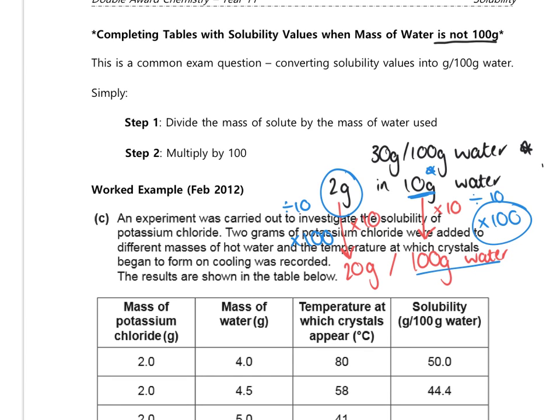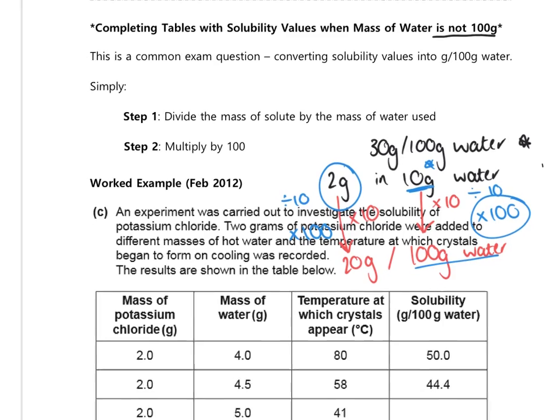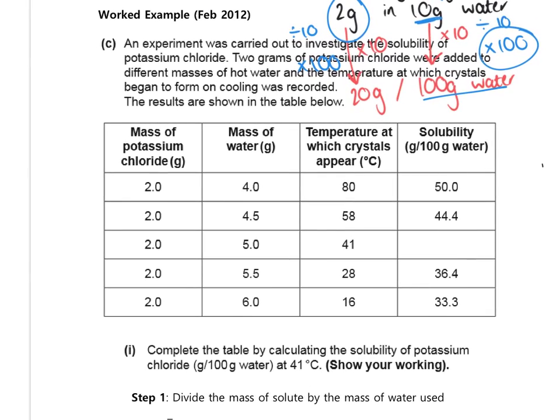The reason we need to do it the long way around sometimes is because our mass of water is not an easy value like 10 scaling up to 100. For example, in this case, we have 2 grams of potassium chloride dissolved in 4 grams of water, and it might be quite hard to think, what do I need to multiply 4 by to get to 100?